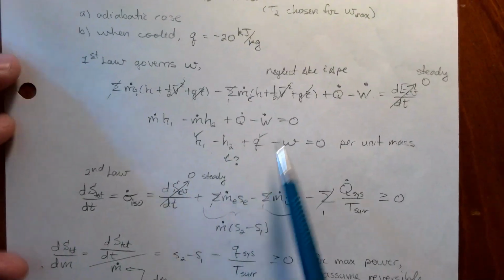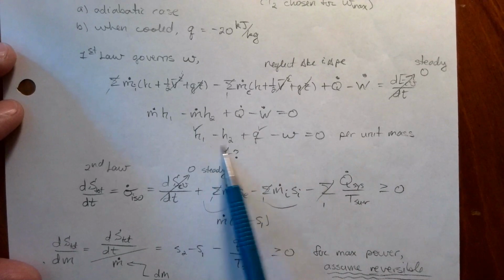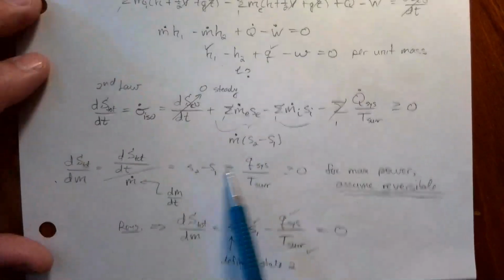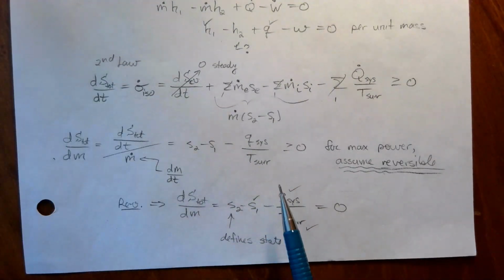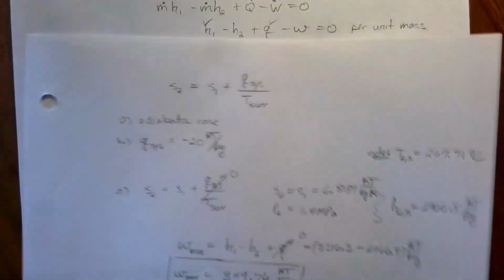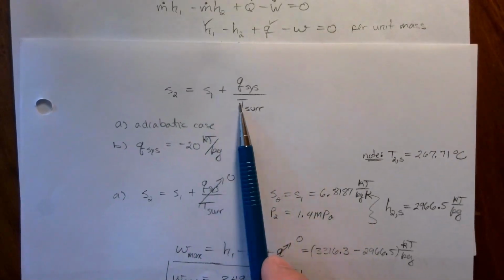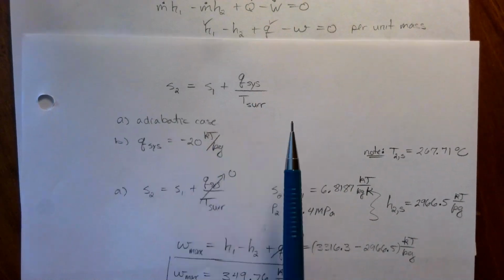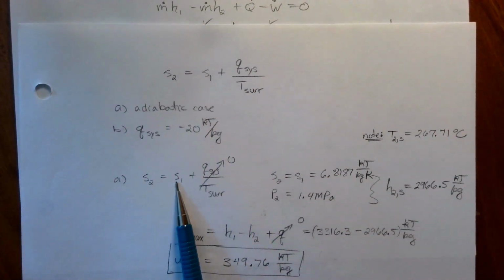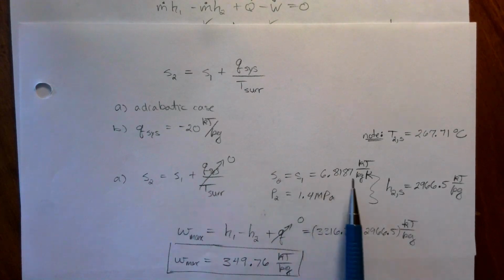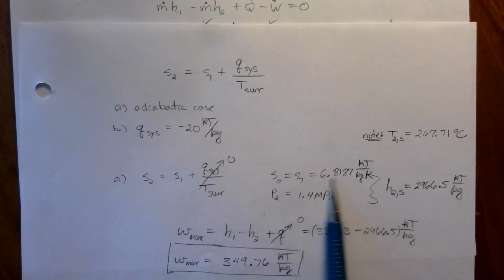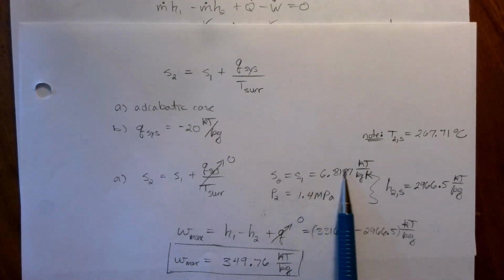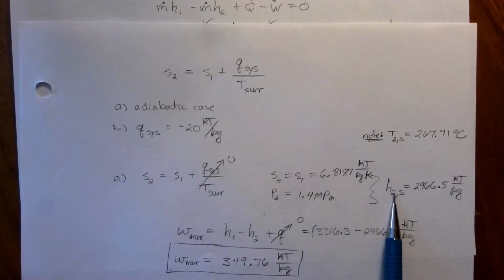Now go back and look at the numbers. There's the energy balance that we just performed, the first law, and the second law analysis we went through to end up with an expression for S2 for the reversible case. And then for case A, if it's adiabatic, then S2 is equal to S1, so that's the isentropic case. State 1 is defined, and so we have an S1 value, and now with this value for S2 and the pressure, we can actually get an H2.